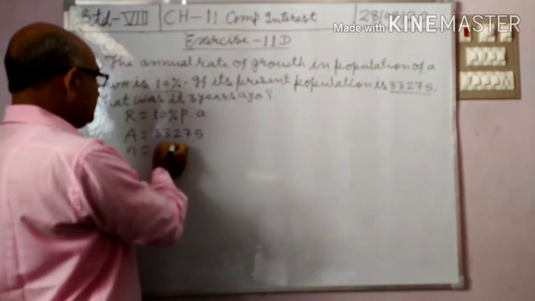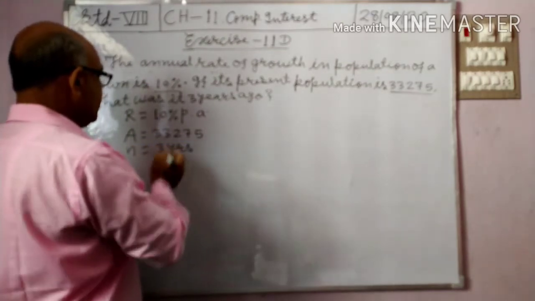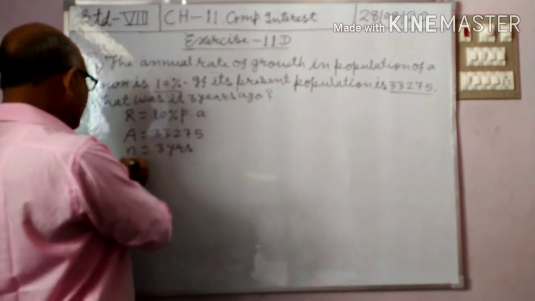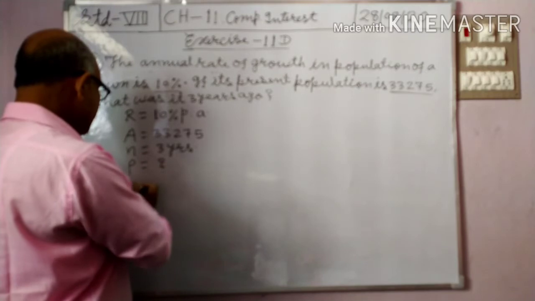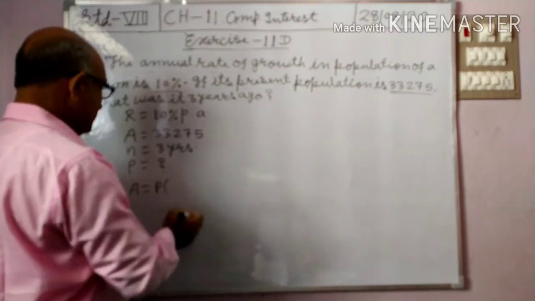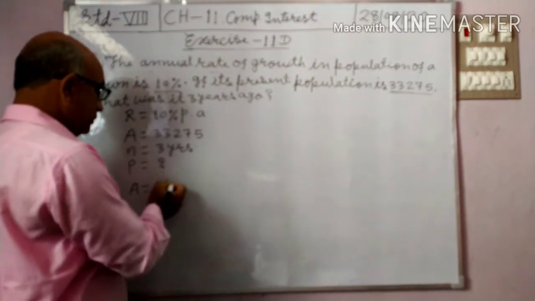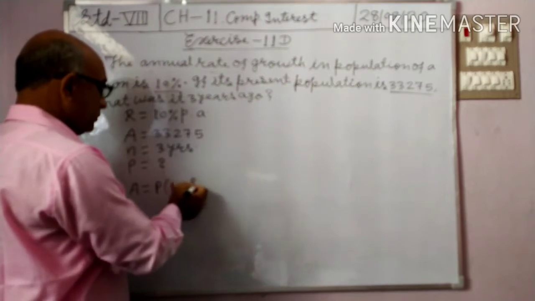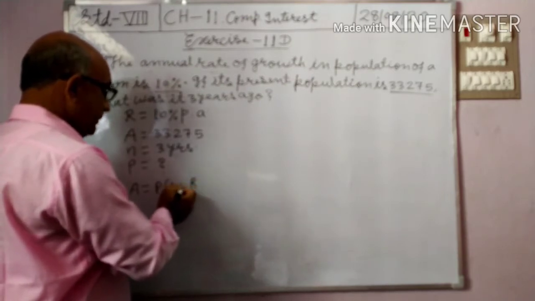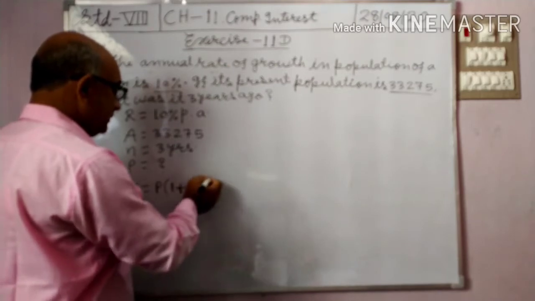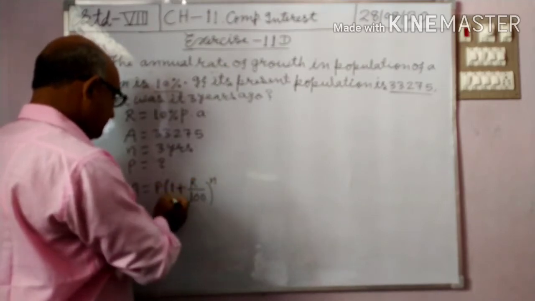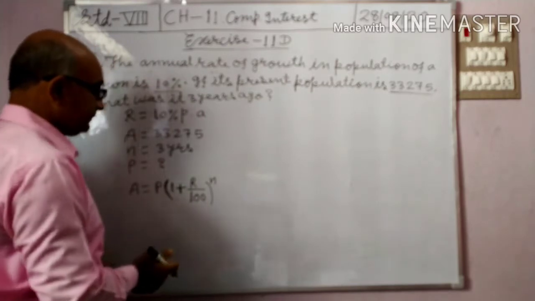N equal to 3 years. So find P equal to what? Formula is A equal to P into (1 plus R by 100) to the power N.